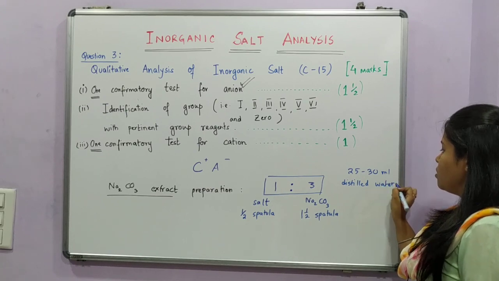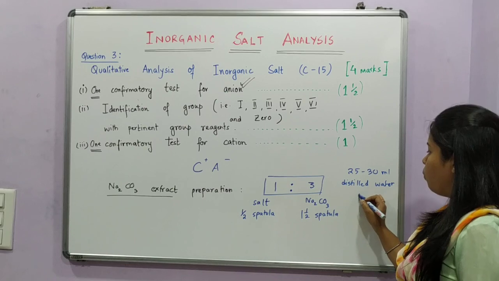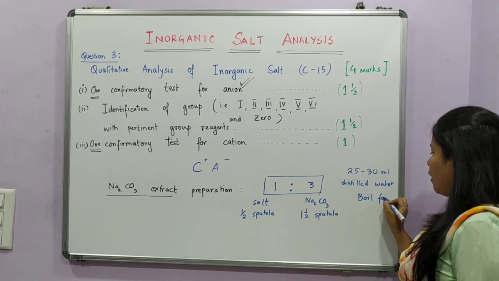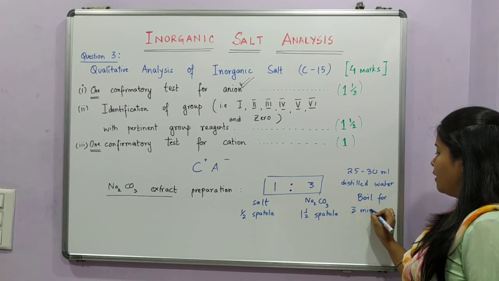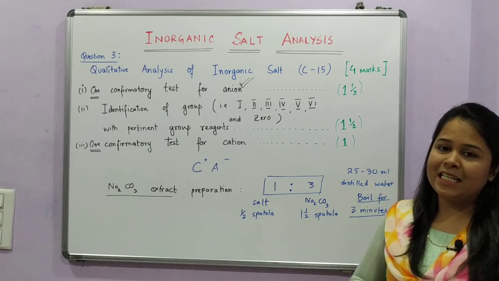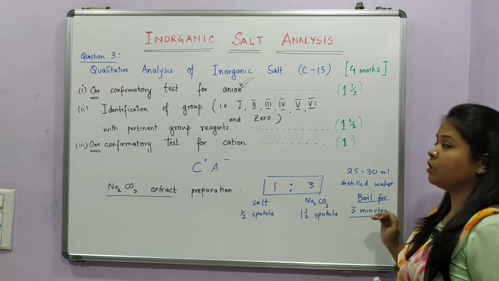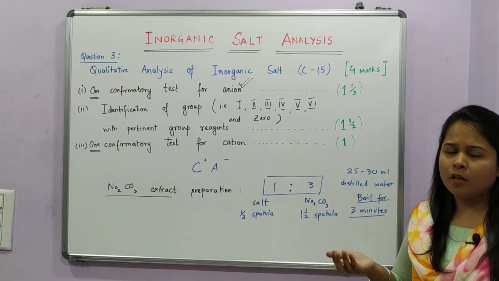Okay. So once this mixture is prepared, you need to boil this for 3 minutes. Now please be very careful. There's a difference between warming, heating and boiling. You need to boil this for around 3 minutes. If you give more, even better.